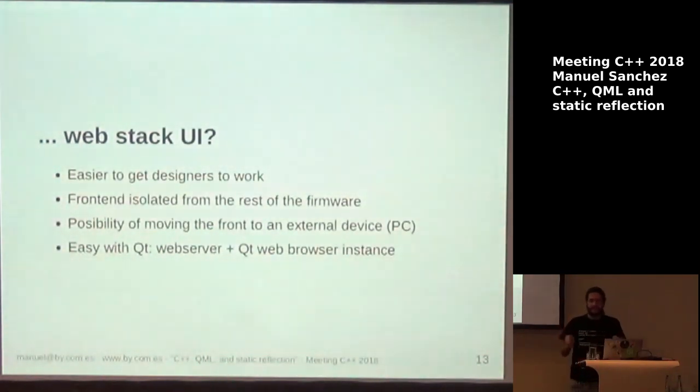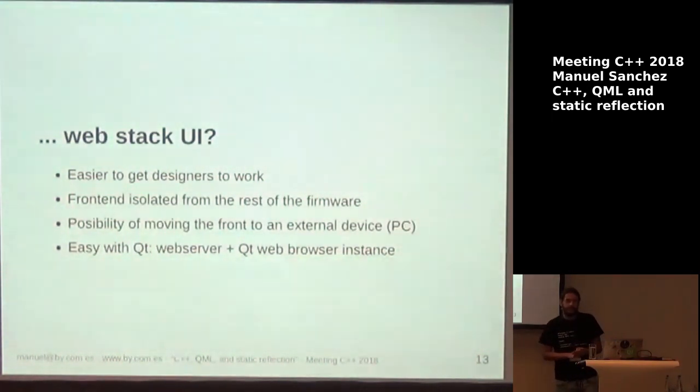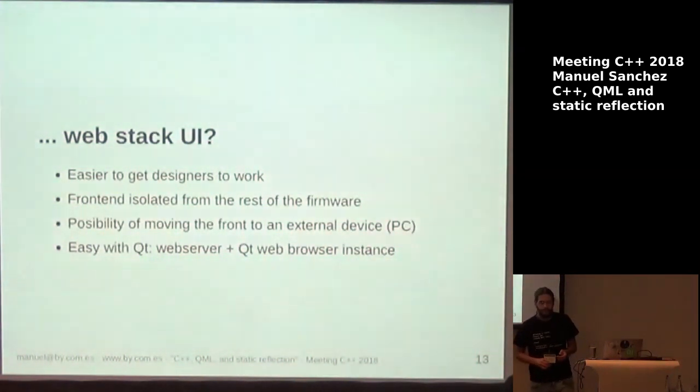I'm the newbie here. So the reasons were it's technically easier to get designers to work with the UI if it's a web. Okay, it's HTML, it's CSS, something normal. Okay, the development on the front end will be isolated completely from the rest of the application.